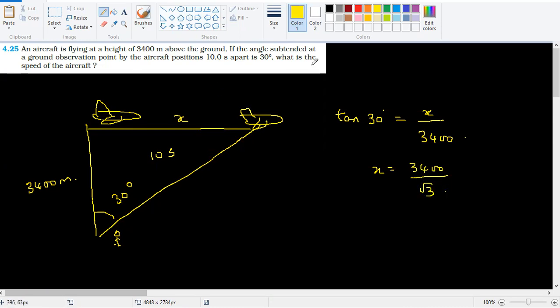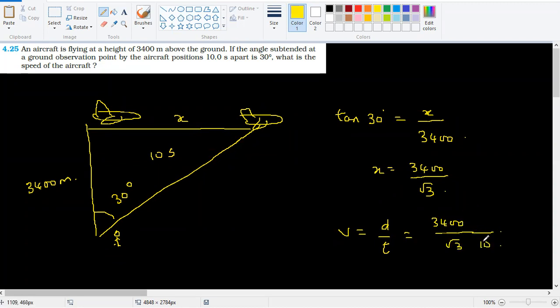But then they're asking what is the speed of the aircraft, which means velocity is equal to distance by time. So the aircraft has gone this much distance in 10 seconds, which means distance by time is equal to 3,400 divided by root 3 divided by 10 seconds.